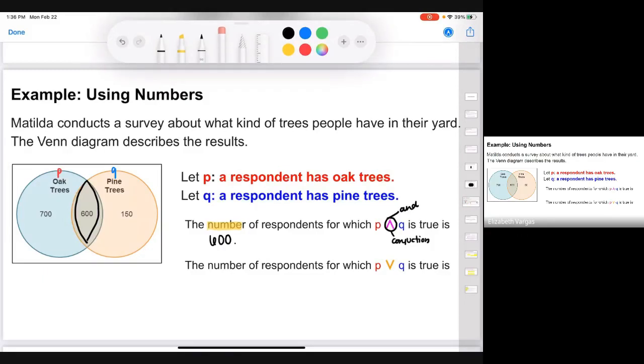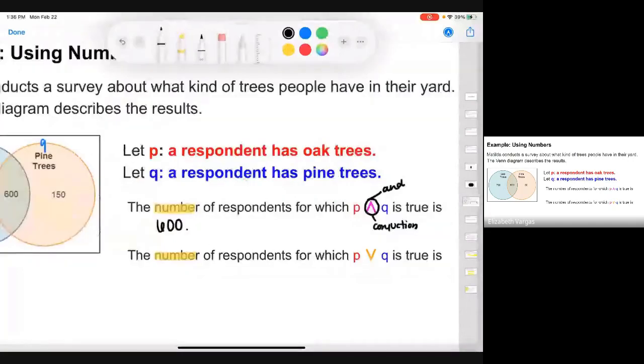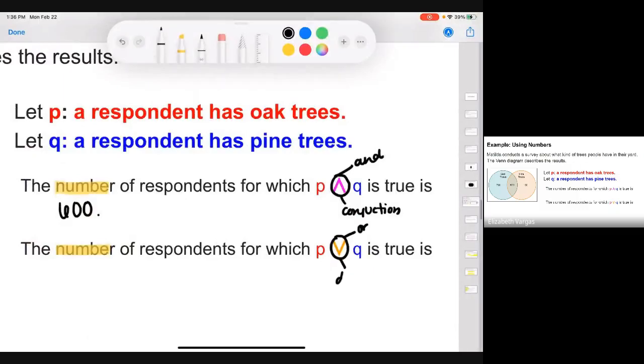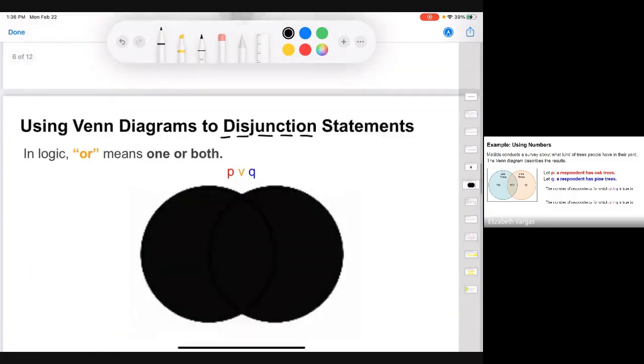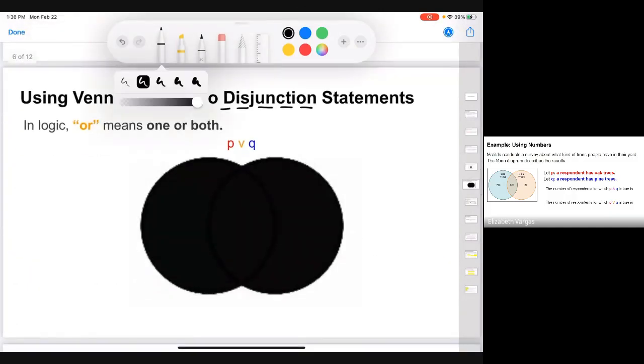Okay. Well, what about the other question? This one says the number of respondents for which P or Q is true. So we have P or Q, which represents a disjunction. Remember that disjunction uses or, conjunction uses and. Whenever we have a disjunction in logic, that means one or both, so the entirety of the Venn diagram.